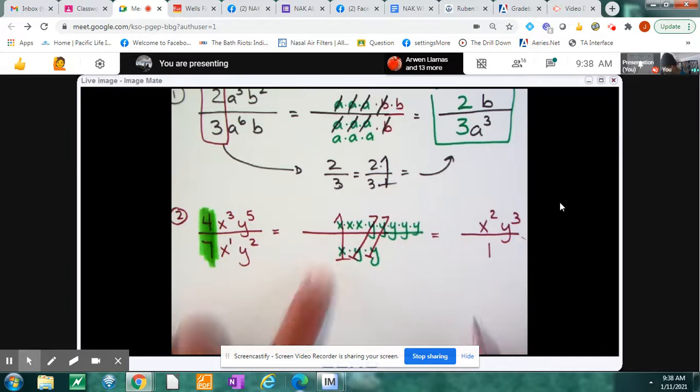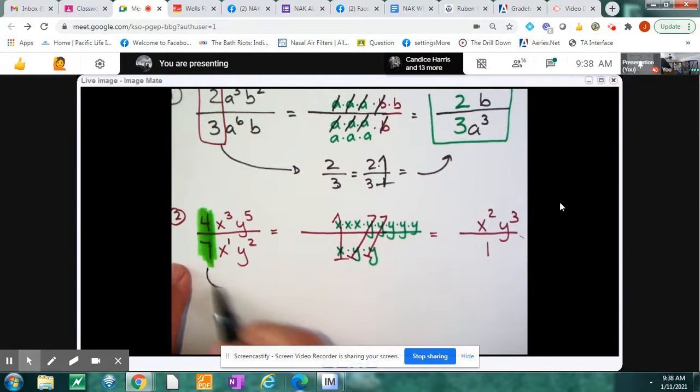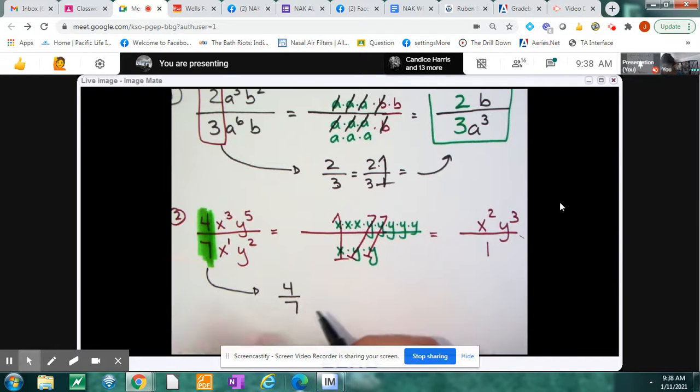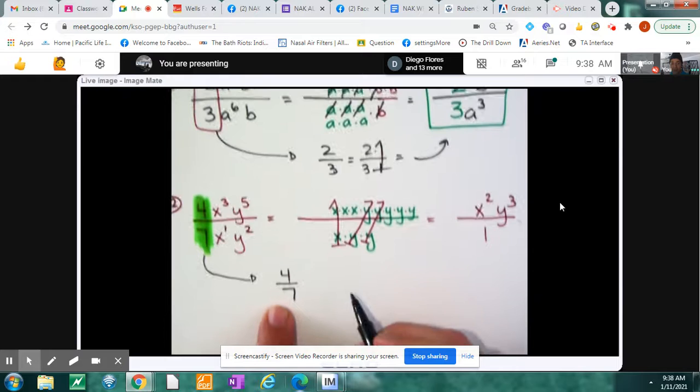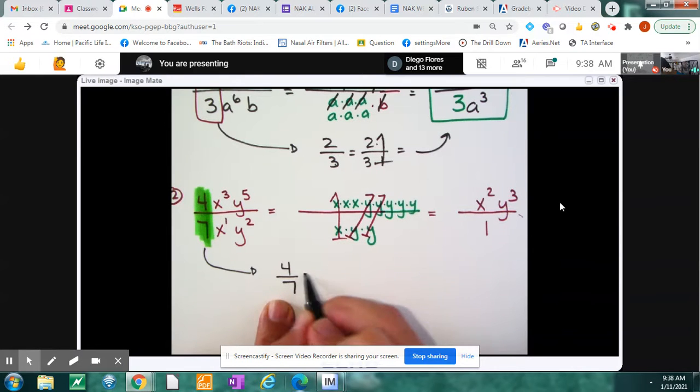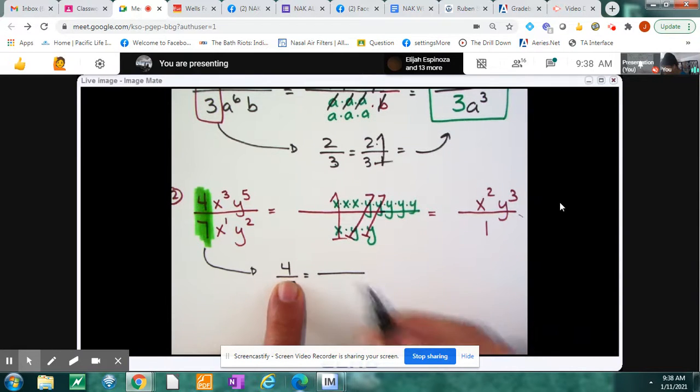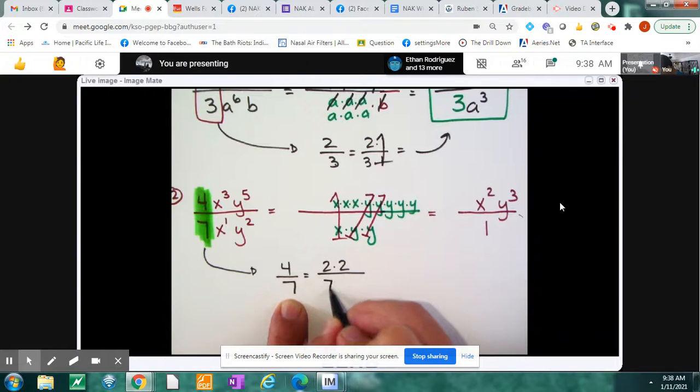Okay. So then here, we got 4 to the 7th. So let's bring down 4 over 7. Let's see if we could break it down. 4 is 2 times 2, and 7 is 7 times 1. Do I have a giant 1?